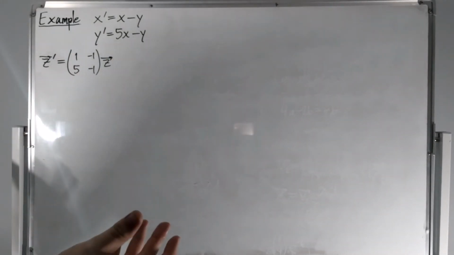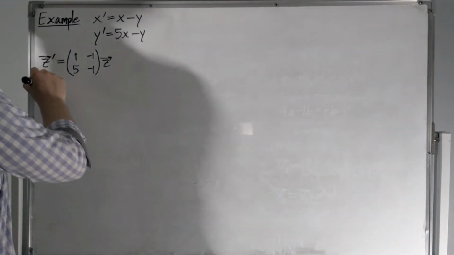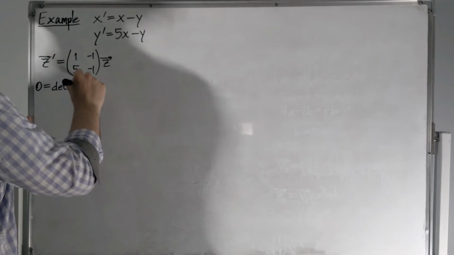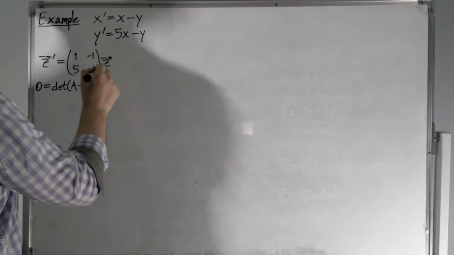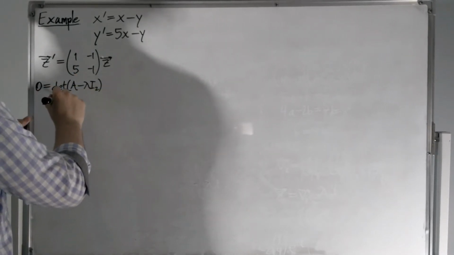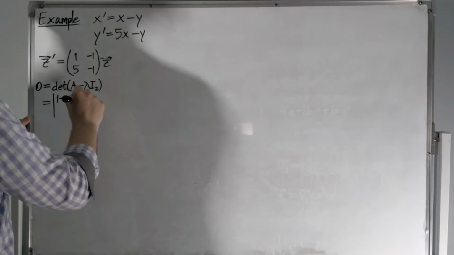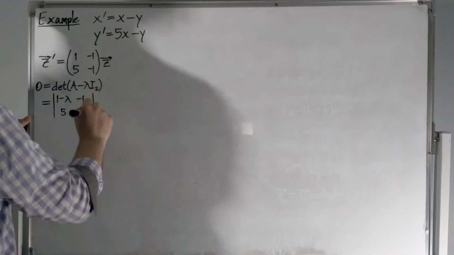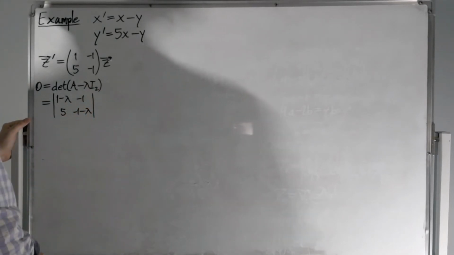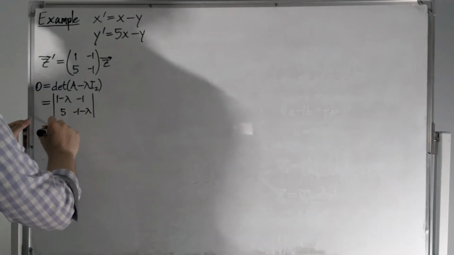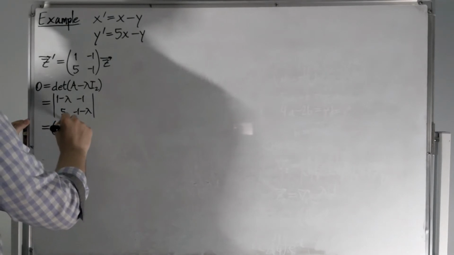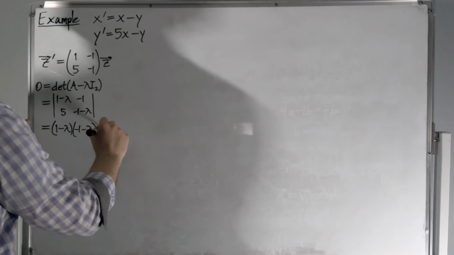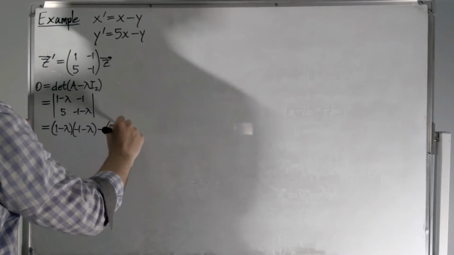We need the eigenvalues of this matrix. So 0 equals the determinant of A minus lambda I2, which is going to be the determinant of (1 minus lambda, negative 1; 5, negative 1 minus lambda). You do the determinant, you get 1 minus lambda times negative 1 minus lambda minus 5 times negative 1.